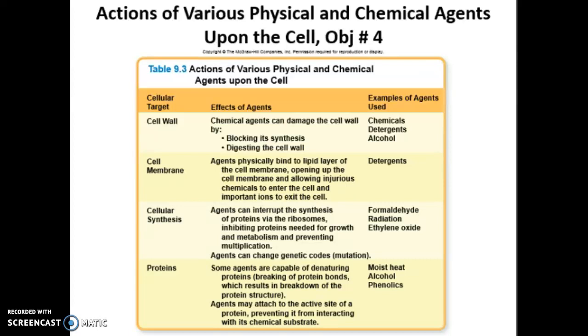And so the bacterium, if that's what you're targeting, will eventually succumb to the environmental pressures and simply degrade, depending on how bad the action is. So if proteins are targeted, then the proteins are going to be stopped from being able to function. Cellular metabolism, cellular synthesis is not going to occur. The cell membrane will eventually lose its integrity, and the cell wall will eventually lose its integrity.